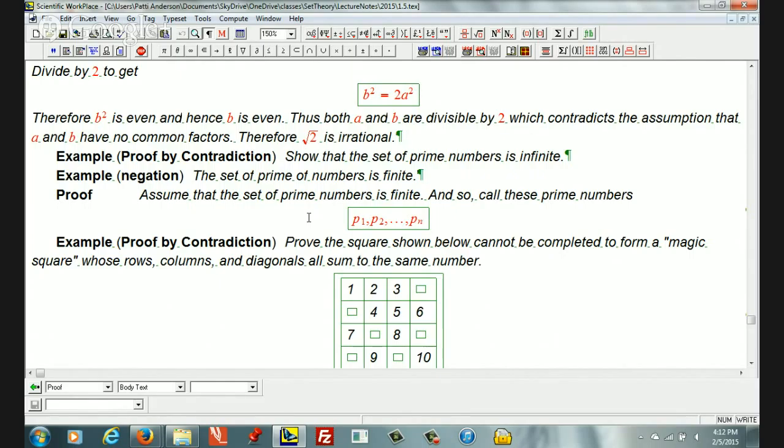Do they use N? They use K. Yeah, because we're going to use N for something else. So that's my list of prime numbers, and I'm going to say these K prime numbers, so that's how many of them I have.